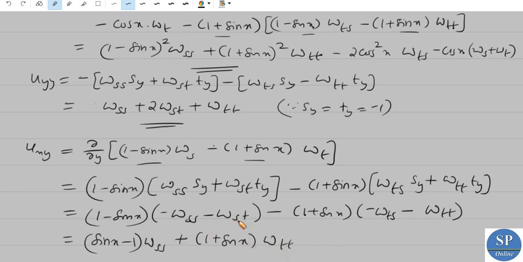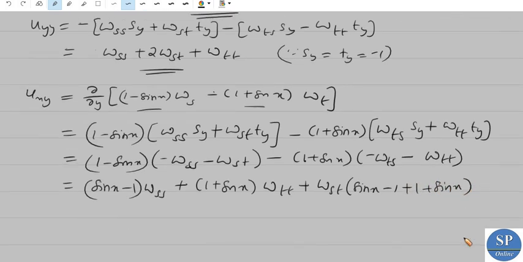Now coefficient of wst is, here is sin x minus 1 and here is sin x plus 1. So we have wst into, from this we have sin x minus 1 and from this term we have 1 plus sin x.